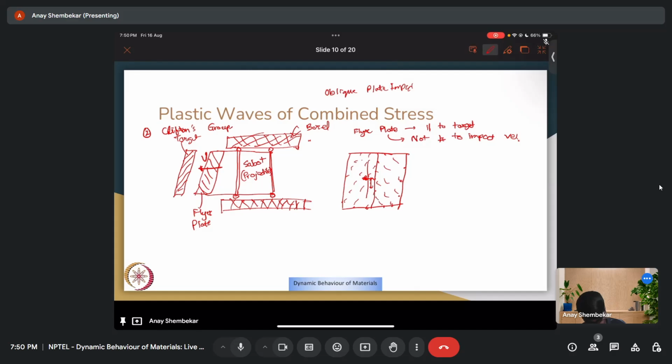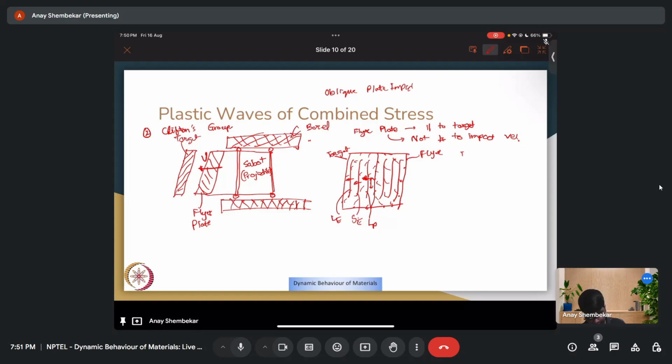You can have other wavefronts: an elastic longitudinal wavefront, a shear elastic wavefront, and a plastic longitudinal wavefront. This is my target, this is my flyer. You could similarly have different wavefronts in the flyer plate.